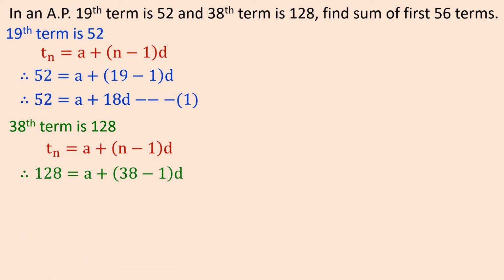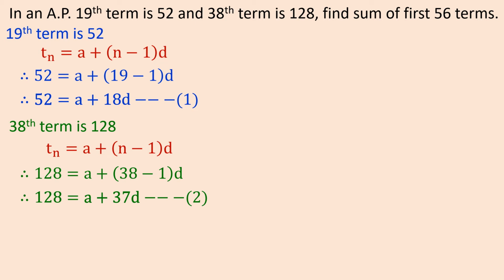Therefore, 128 equals a plus (38 minus 1) into d. If we further simplify, I get 128 equals a plus 37d. We will take this as equation 2.